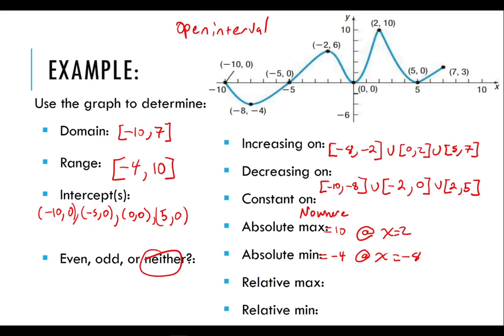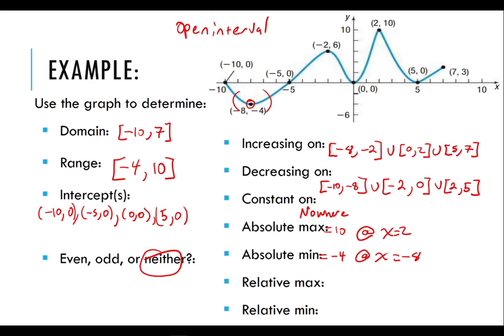The reason is that there does not exist a way for you to put your hands on a graph to the left of this value -10. You can put it here, but you can't put it over here. So there does not exist an open interval such that that point there is the largest value on an open interval. But you can put your hands around this piece here and notice that that is a minimum.